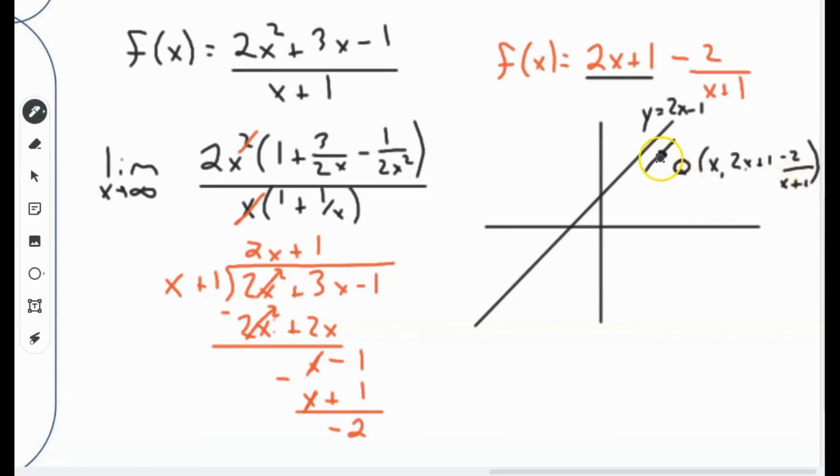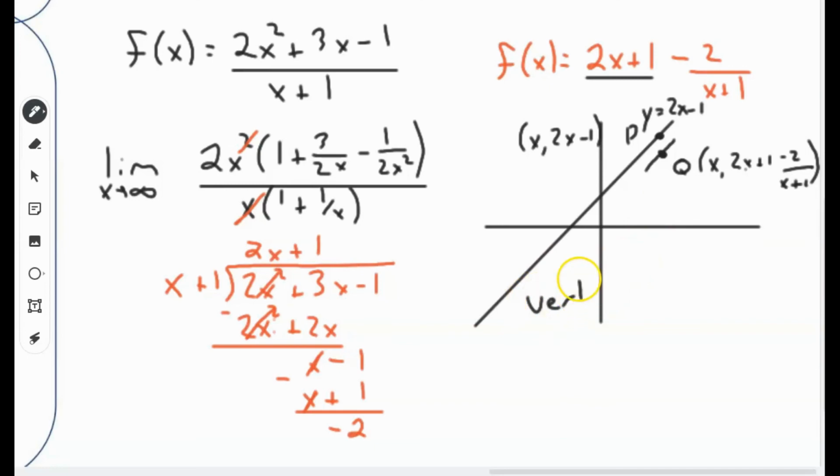Now at the exact same x coordinate, we're going to have a value on y of 2x plus 1. So it's going to have the coordinate, let's call that P. And P is going to have the coordinates x and 2x plus 1. And what I want to figure out here is the vertical distance between P and Q. So I can do that.